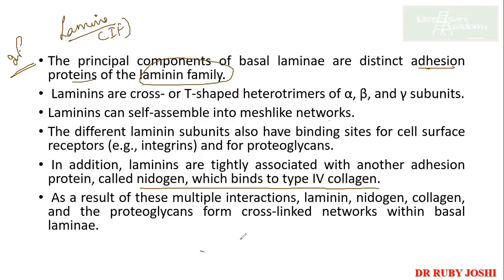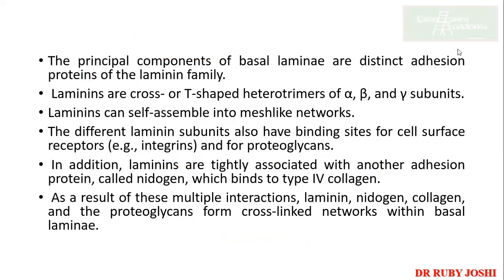That collagen is present like this, in between the proteoglycans are present. Now they all are connected to your laminin proteins as well as nidogen proteins. Nidogen makes connection with your type 4 collagen. So this is how everything is getting cross-linked.